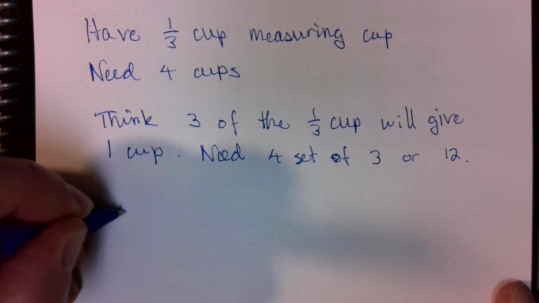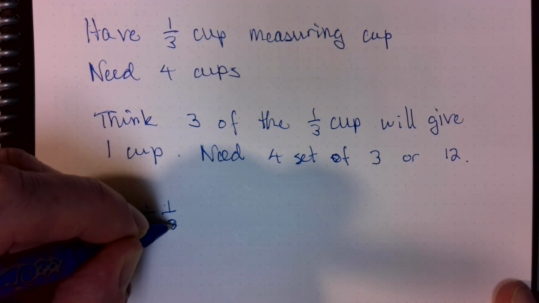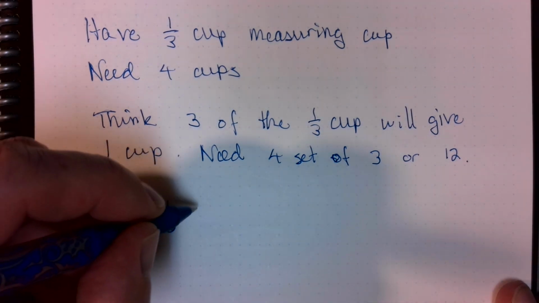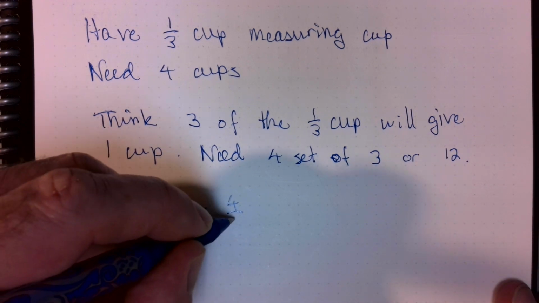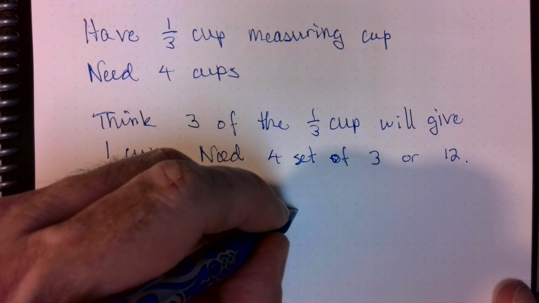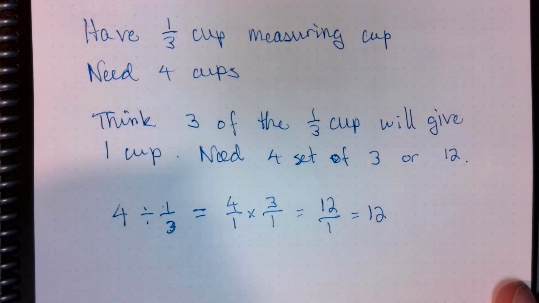But if we think about it, there was a much faster way to get that, which is 4 divided by 1/3. We're breaking this up into groups of 1/3. How many groups of 1/3 make up 4? If we follow our rule here, we multiply by the reciprocal of 1/3, 12 over 1, 12.